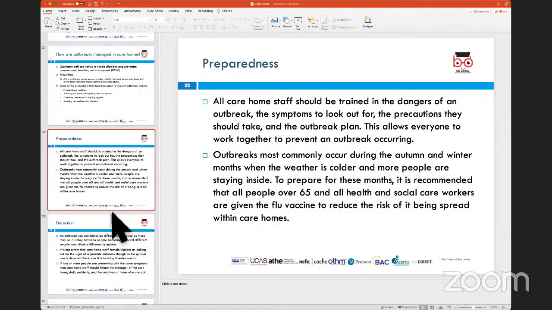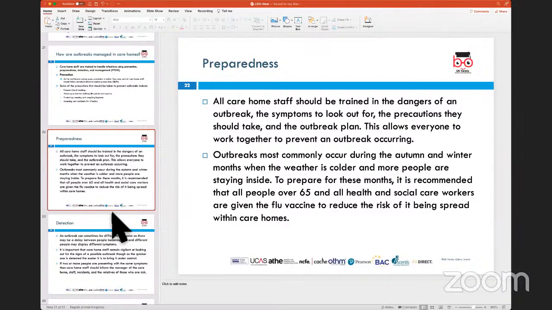As the details started to surface, training and development programs were put into place, along with basic precautionary measures, things like hand hygiene, personal hygiene, and the use of personal protective equipment, in order to stop the spread of the virus within care homes, because there was no vaccine at that point in time when the pandemic broke out, and there were no proper medications available.